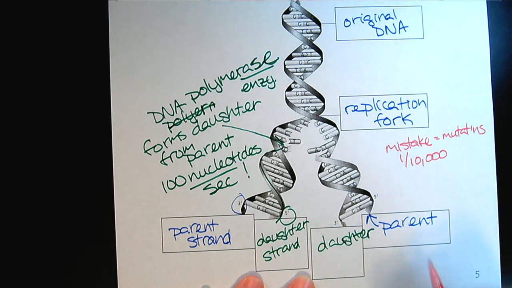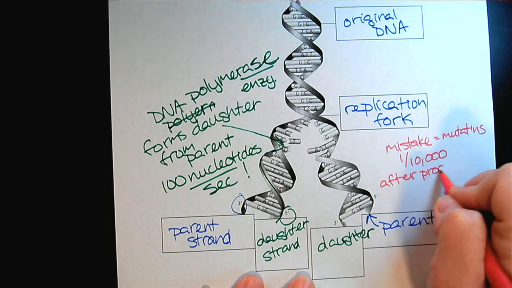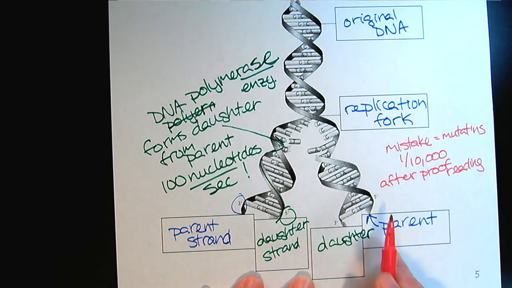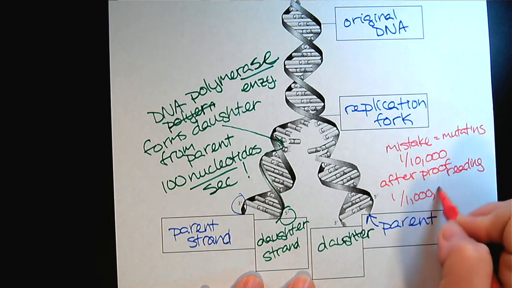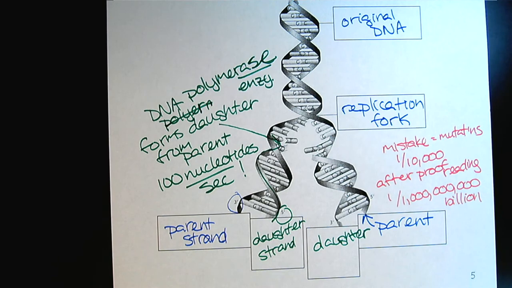And then the system does have proofreading. So after proofreading, the overall process is only 1 in a billion mistakes. So thank goodness for that. If it wasn't such a good system, we probably wouldn't be here to talk about it.